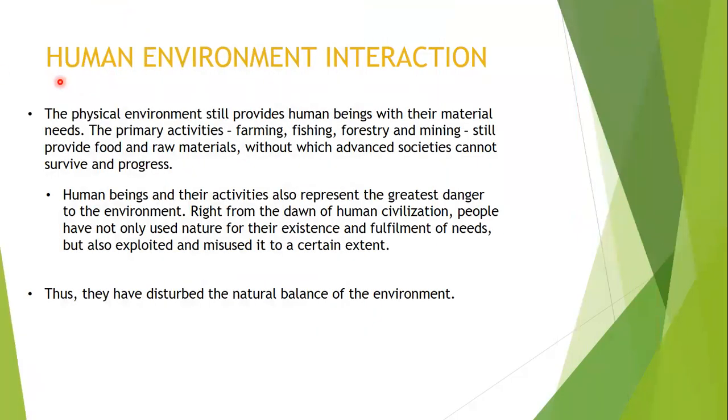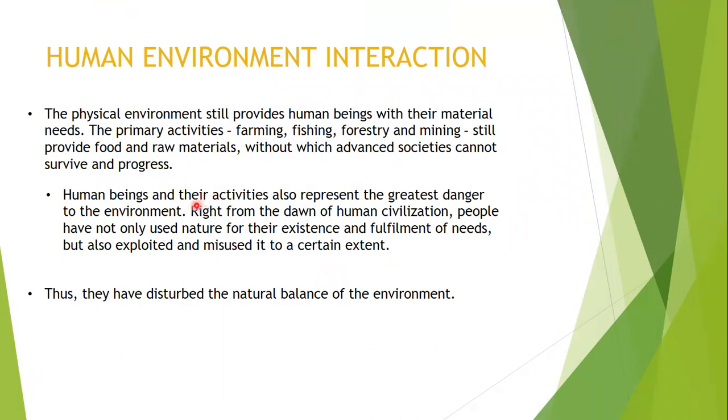Now we will learn human-environment interactions. The physical environment still provides human beings with their material needs. The primary activities like farming, fishing, forestry, and mining still provide food and raw material without which advanced society can't survive and progress.